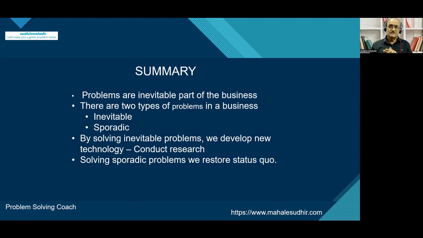So that will give a lot of benefit. Solving a sporadic problem is required, but we restore the status quo, and that will not increase our business. Status quo is required because otherwise it will reduce our business. So solving the problem is required, but that will restore the status quo.